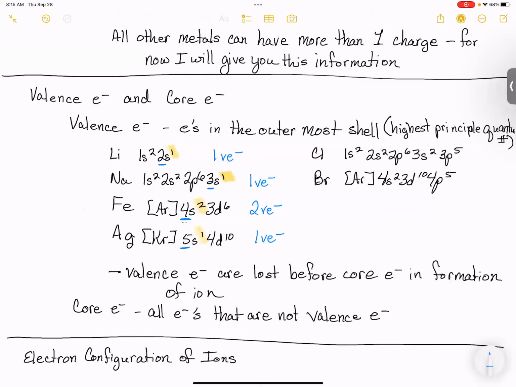Now, looking at chlorine and bromine. For chlorine, the highest shell is 3.